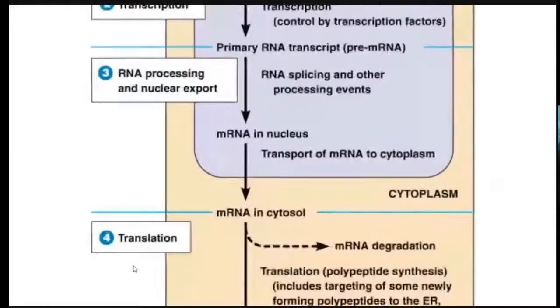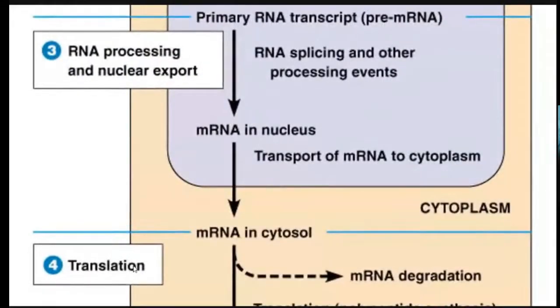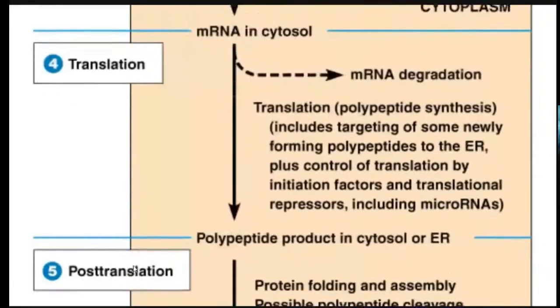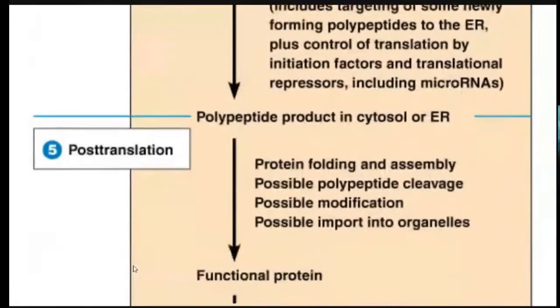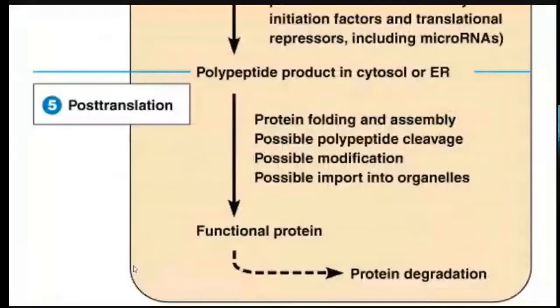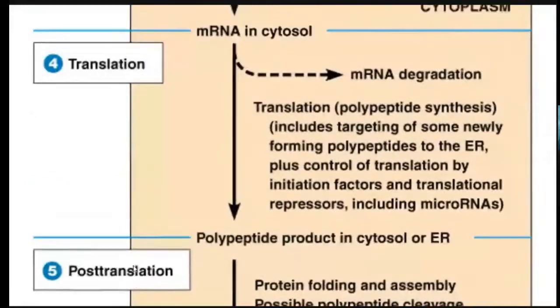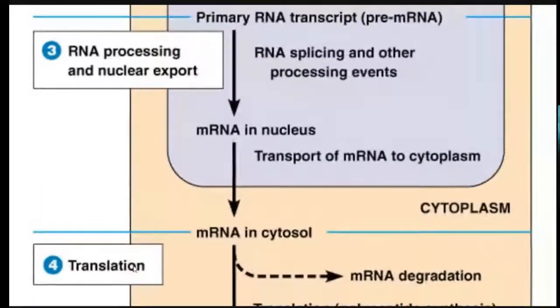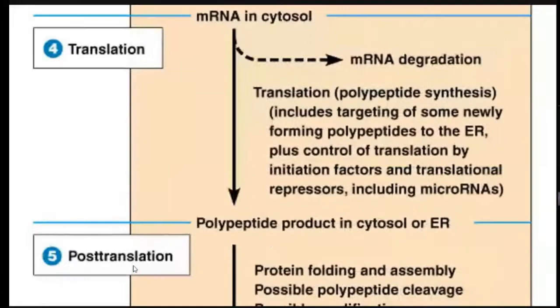Next level naman natin ay in the level of the post-transcriptional control na tayo sa RNA processing and nuclear transport. And also translation. And lastly, post-translation. And tingnan natin sa post-transcriptional control sa level po ng RNA processing and nuclear transport.